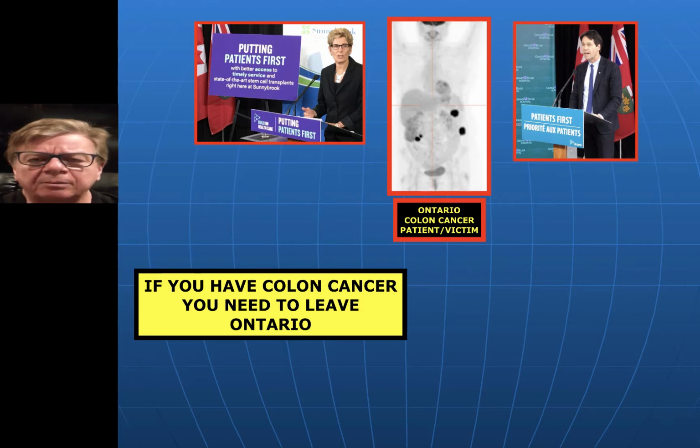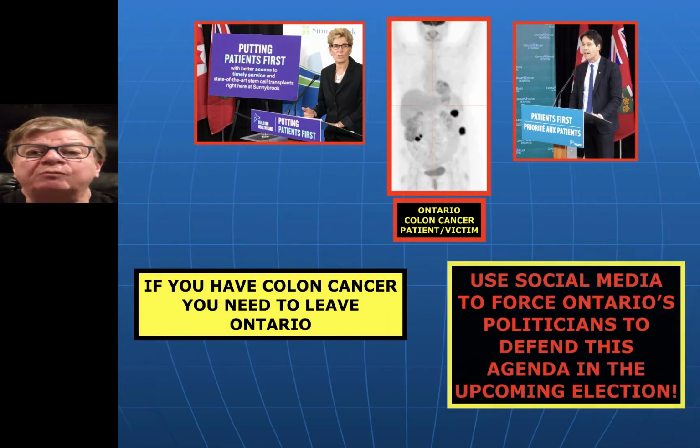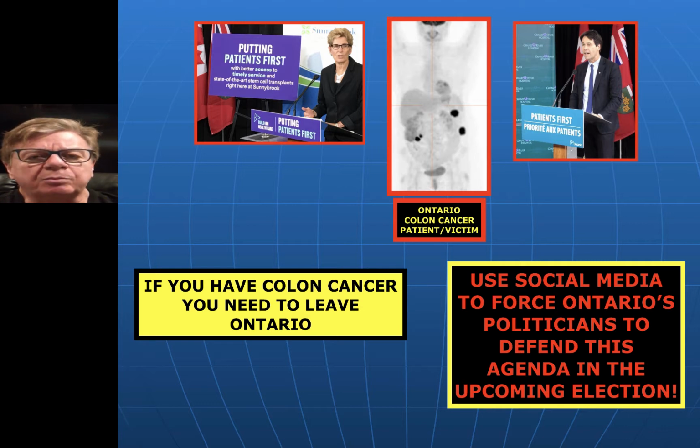Go next door to Quebec or someplace else to get proper access to the current, modern treatment and investigation of your cancers, and hopefully become part of what I hope is a Force 5 hurricane of social media to force this to be a major election issue and demand that Ontario's politicians finally explain just why they're all so proud of what is intentionally done to patients with cancer and lots of other diseases, as you will see in my blog series as we go along.